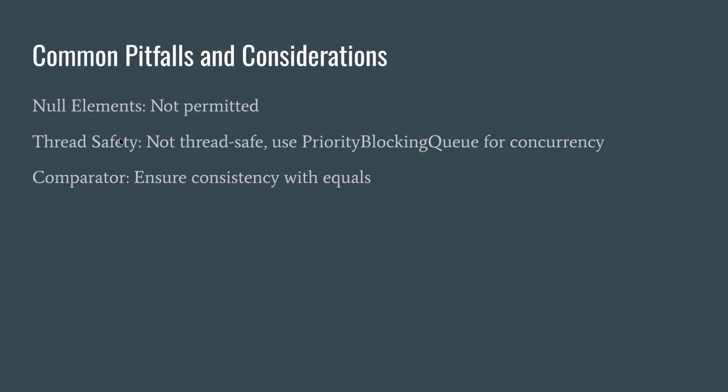So if you need to use a priority queue in a concurrent environment, try looking into priority blocking queue. That is from the Java util concurrent package. And also, if you're using a custom comparator, then make sure that any custom comparator used is consistent with the equals method to avoid unexpected behavior, as inconsistent comparators can lead to undefined results.